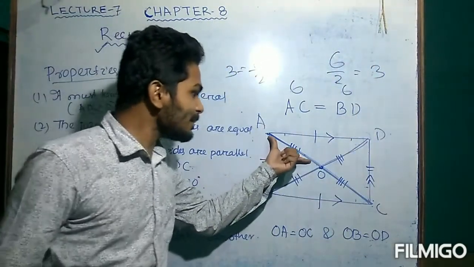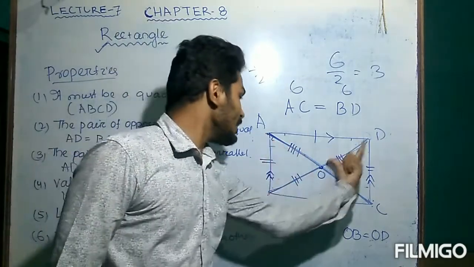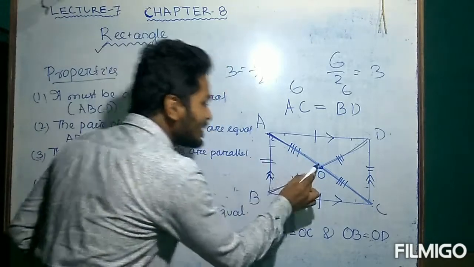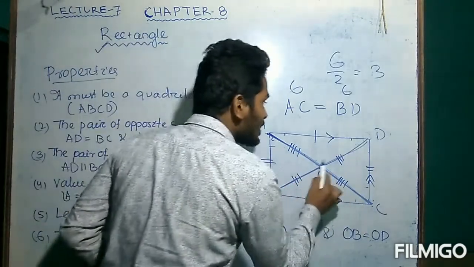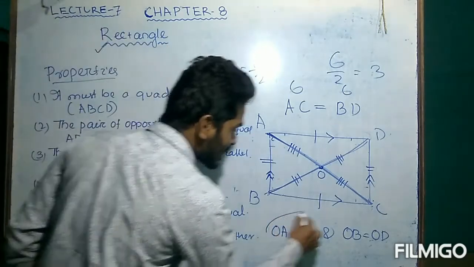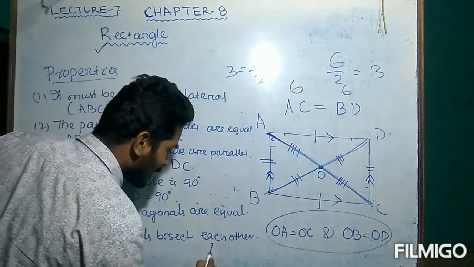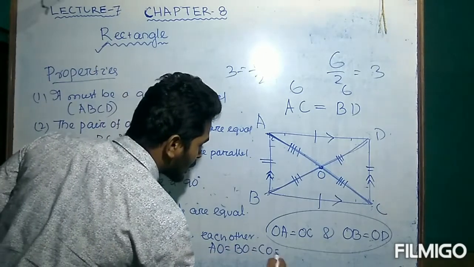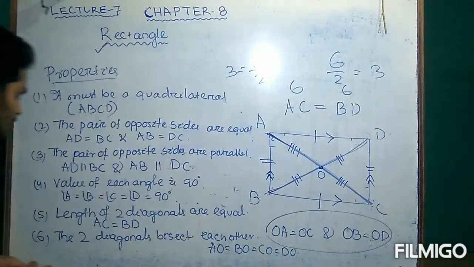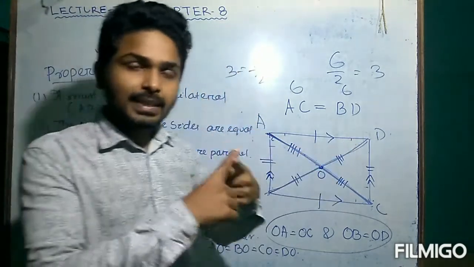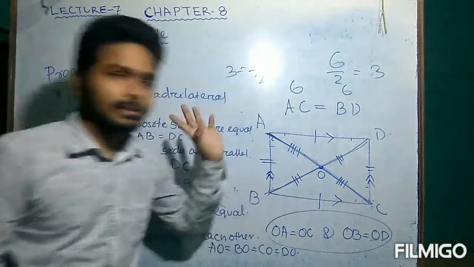So half of AC means AO, half of BD means either BO or DO. So you can write AO is equal to BO is equal to CO is equal to DO. Clear? So simply, instead of writing this, you can simply write AO is equal to BO is equal to CO is equal to DO. Okay, so this is the sixth property, which tells you that the two diagonals bisect each other at the point of intersection.